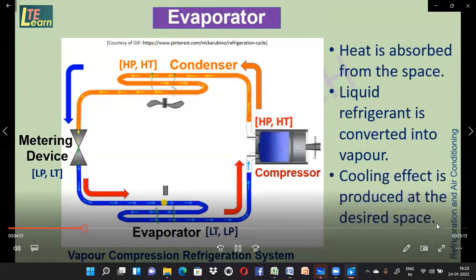Thus, in turn, cooling effect is produced at the evaporator space, and the cycle is continued till the temperature at the evaporator space is reached to the set value. So in this way, these four component working of the VCRS system taking place.